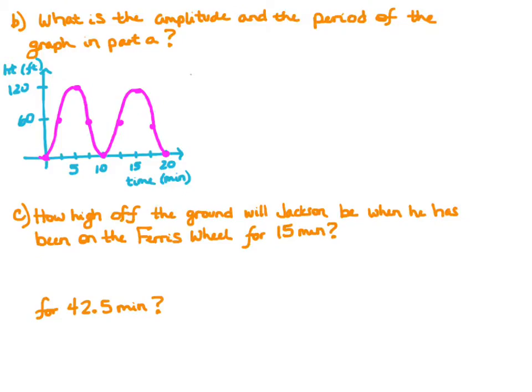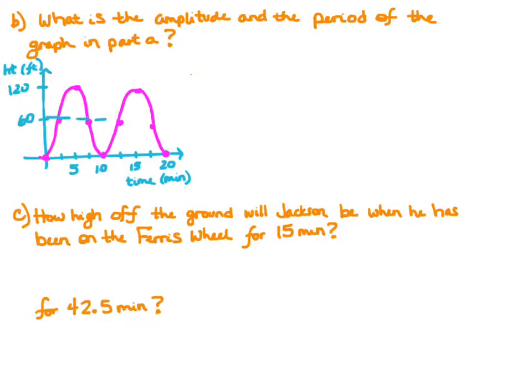All right, next part of this question asks us to determine the amplitude and the period of the graph that we drew in part A. So I've got another sketch here of the graph for us from part A. Now remember, the amplitude is the distance to the top or the bottom, to the highest point or the lowest point from the midline.